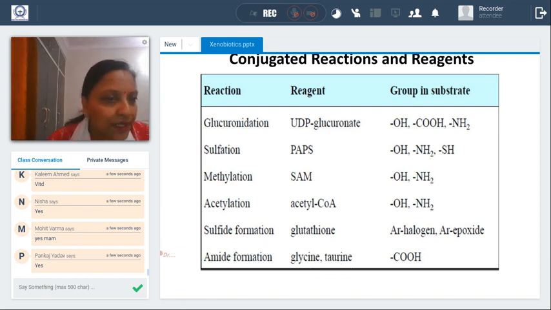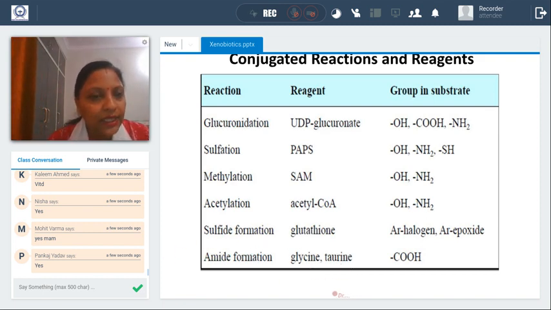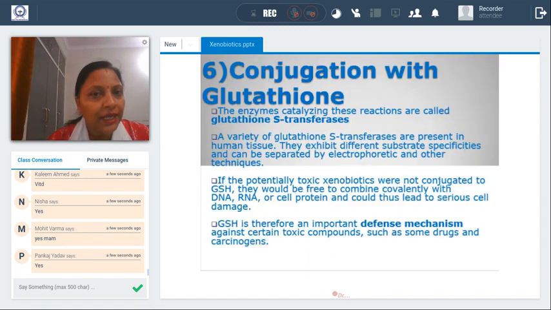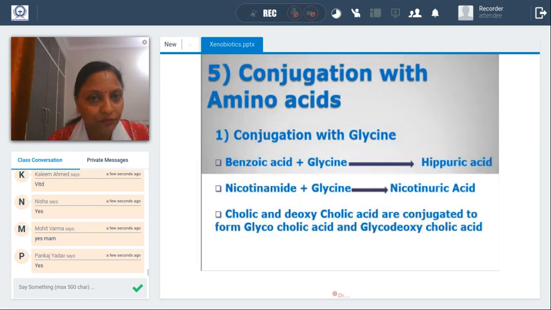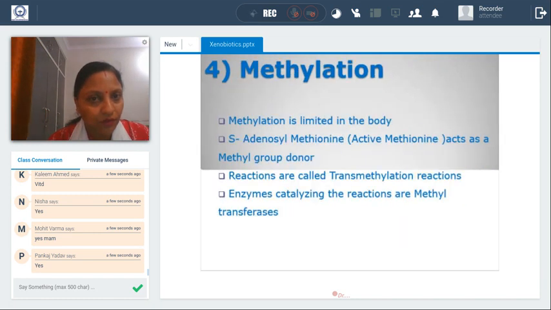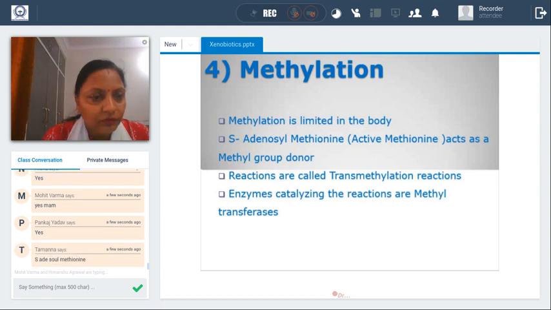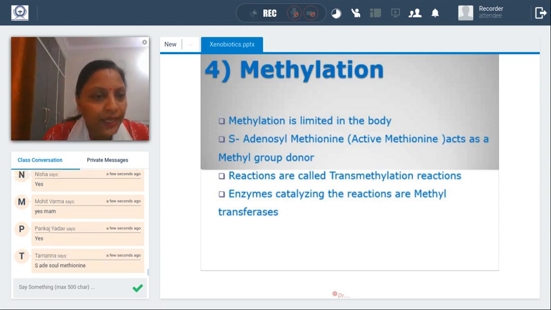What is SAM? Please add in the box. In the methylation reaction, what is SAM? SAM stands for S-adenosyl methionine.